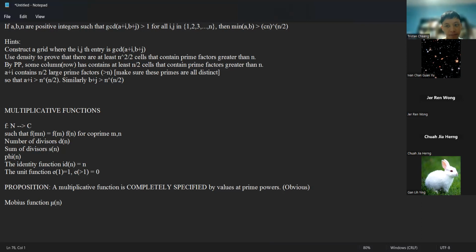So I define it this way. Mu 1 is 1. Mu of a prime is -1. And mu of a prime power p^k is 0 for all k greater than 1.